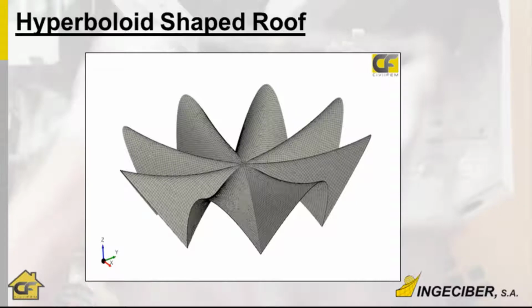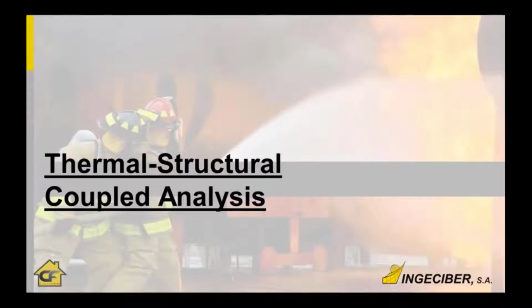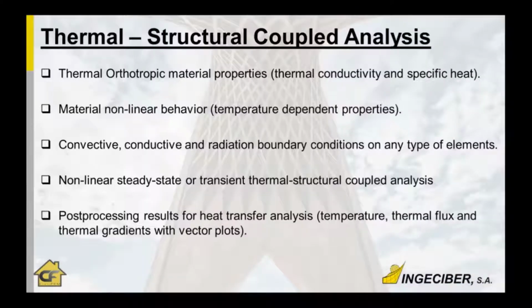Okay, well, if we continue with the next feature, the thermal structural coupled analysis, we have a strong coupled analysis where we perform thermal analysis on every increment, and thermal results are applied to the structural analysis as thermal loads.